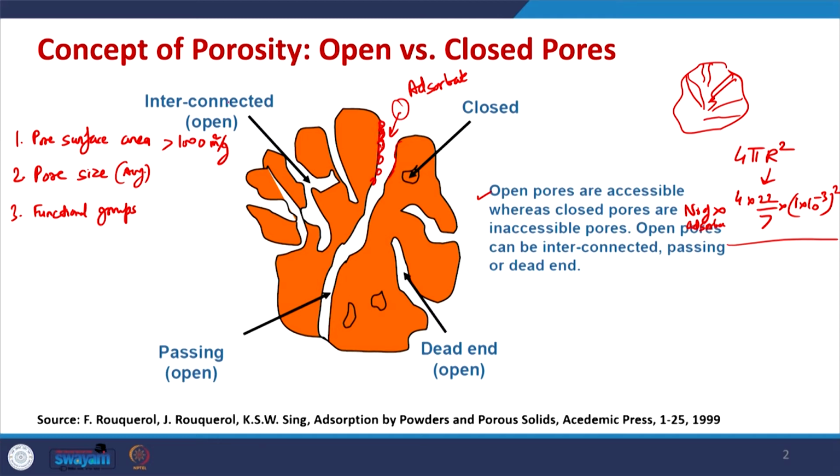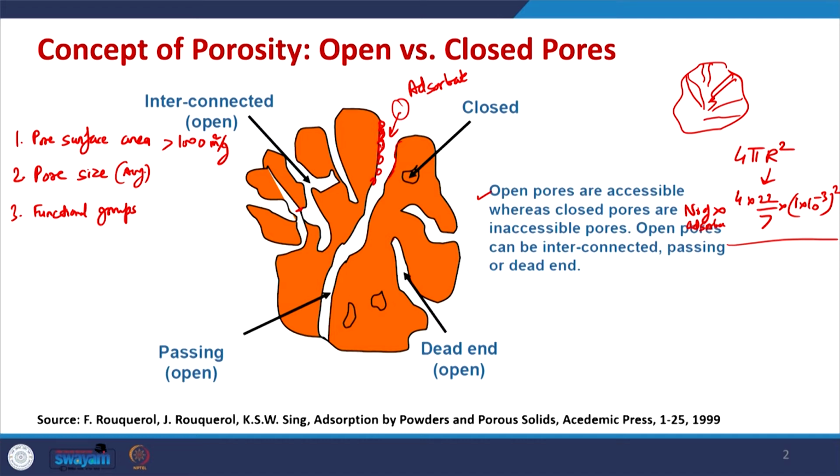Like here you can see interconnected pores. Suppose this is open, this is also interconnected. This is a passing pore, it runs all throughout the adsorbent itself. This pore is a dead end pore because it closes at one end. So, there are different types of pores possible.